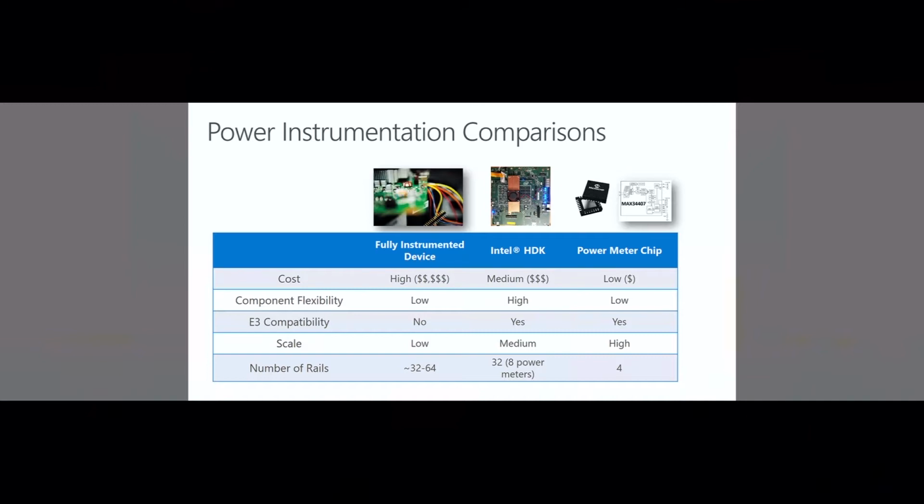The Intel HDK falls in between the costly low-scale fully instrumented device and the low-cost individual power meter chips. The Intel HDK has high component flexibility, is compatible with E3, has medium scale, and can monitor 32 rails. Individual power meter chips are low-cost, compatible with E3, have high scale, and can monitor 4 rails each.